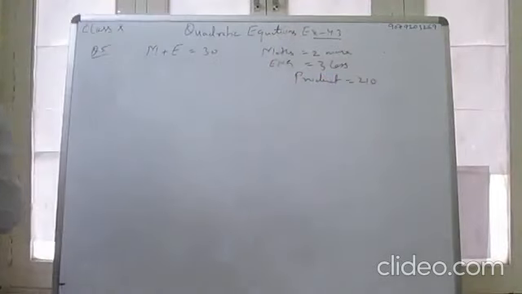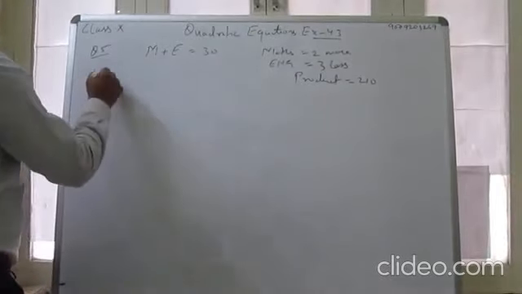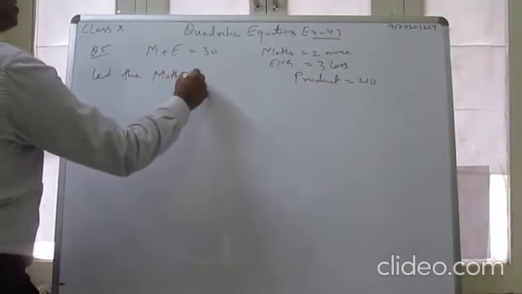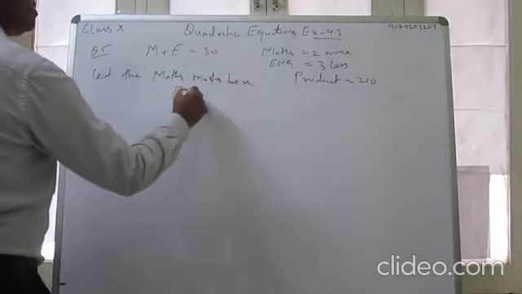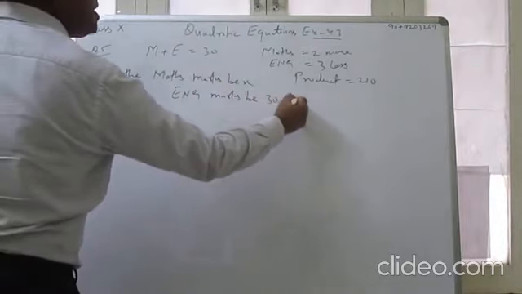Now I will frame the equation. Let the Maths marks be x, so the English marks will be 30 minus x.